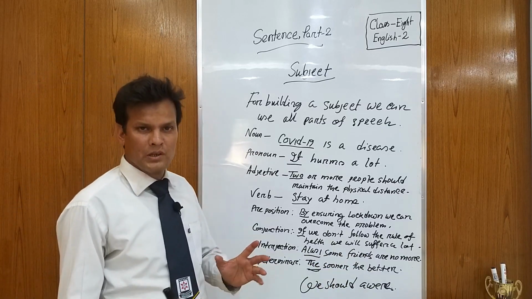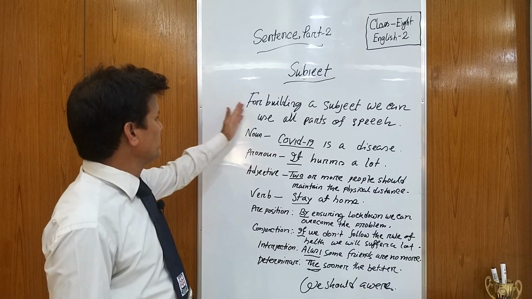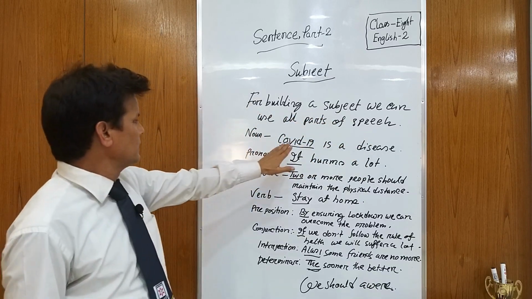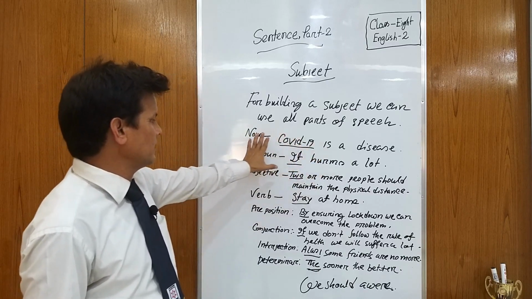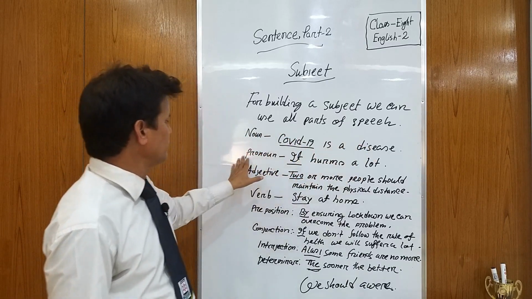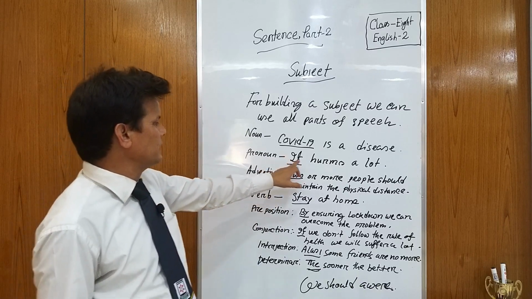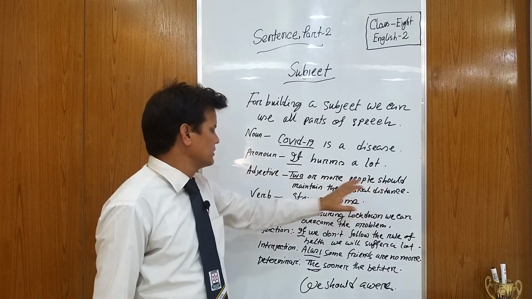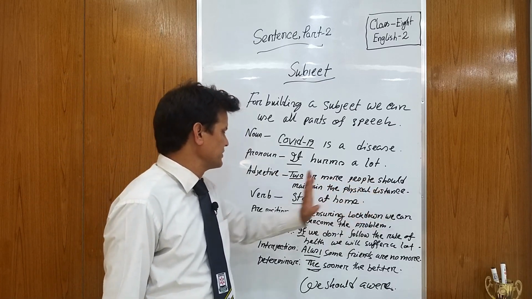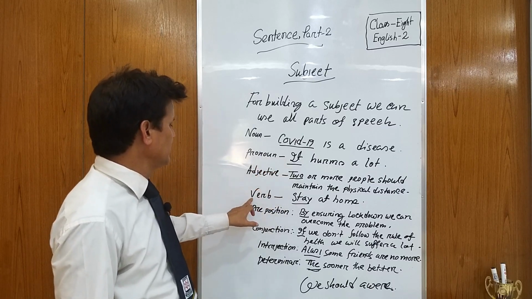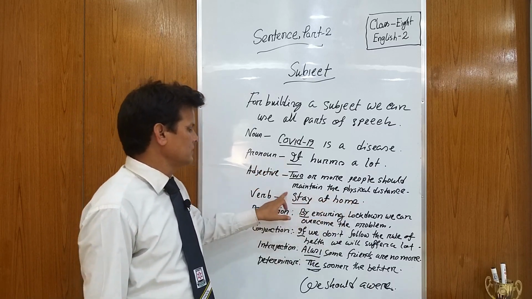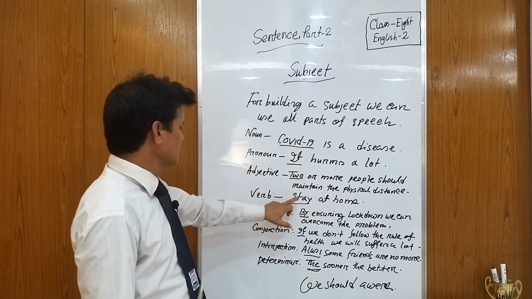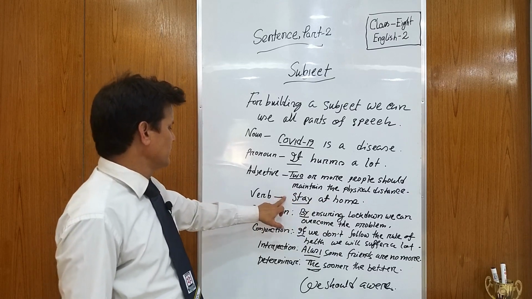So have a look here again. For building a subject, we can use all parts of speech. Noun: COVID-19 is a disease. Pronoun: it harms a lot. Adjective: two or more people should maintain the physical distance. Here two is an adjective. Verb: stay at home, and all imperative sentences start with a verb.